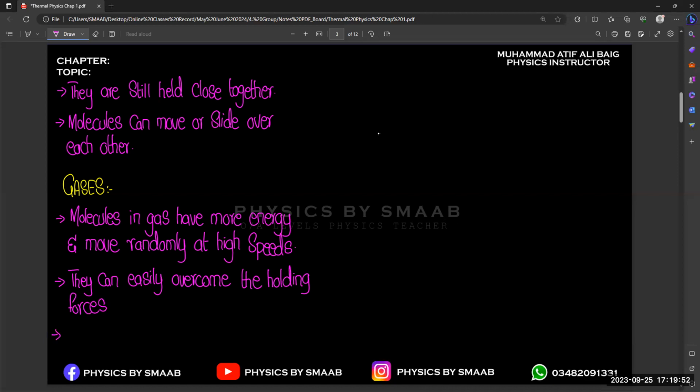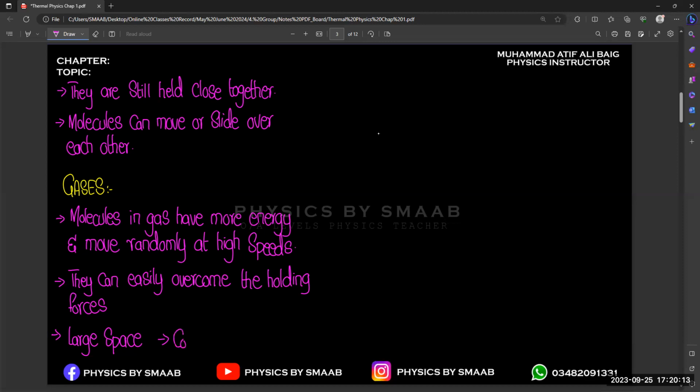And further, they have very large space between the molecules, and we can easily compress the gas, and we can also expand the gas.